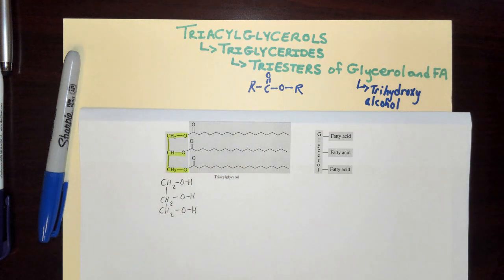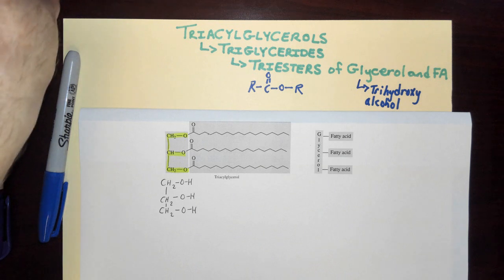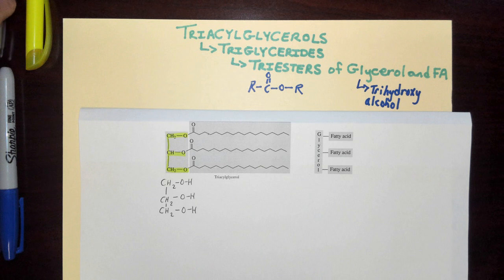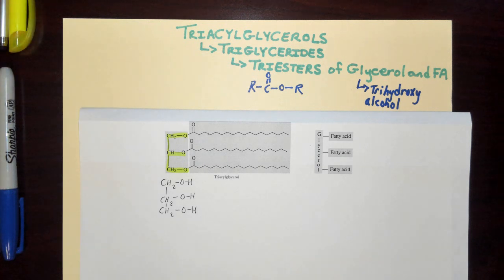Now, triglycerides are important if you've ever done biometric health screenings. They measure your triglycerides, and they'll measure that because they're important as far as energy storage. We live here in Alaska, and we have polar bears, and we have grizzly bears and black bears. We've got lots of bears, and those bears hibernate.